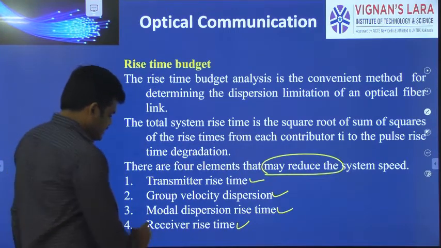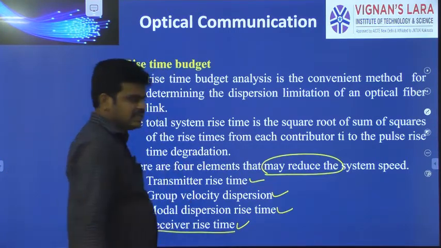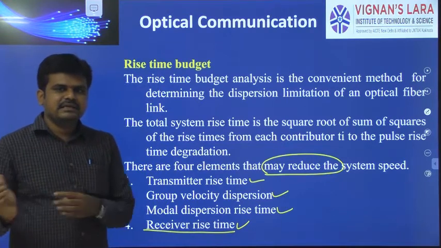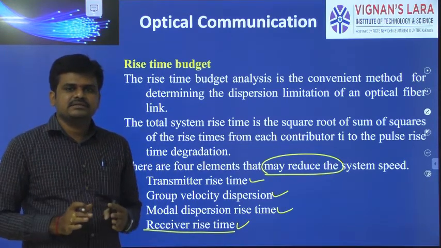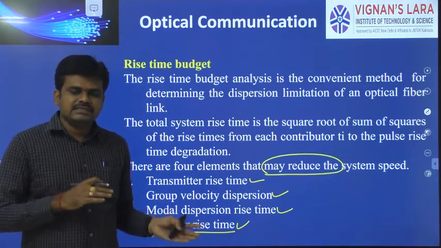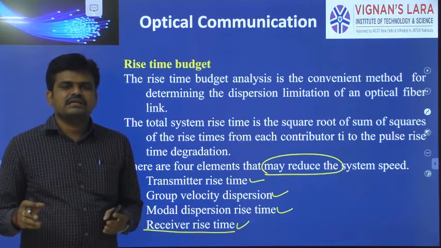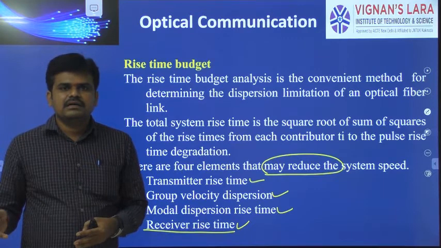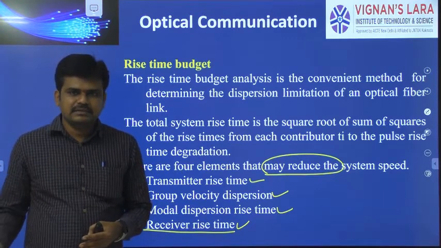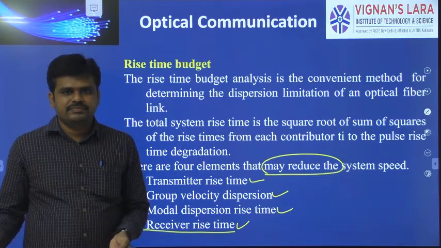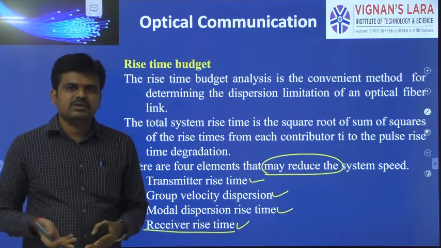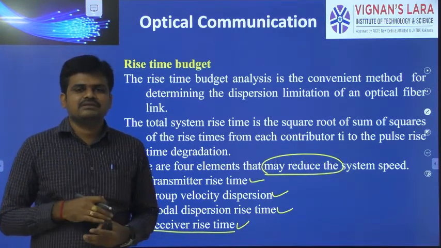Another one is receiver rise time. What is receiver rise time? At the receiver, the first key element is the photodetector. When light falls on the photodetector, it should generate the proportional time varying current immediately, within no time, for example less than 1 nanosecond.